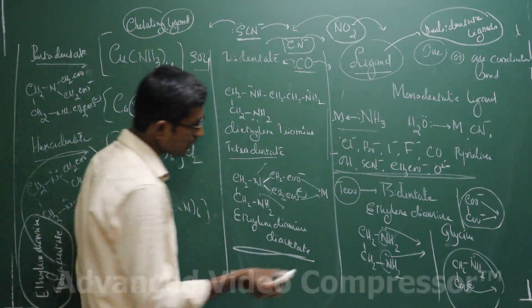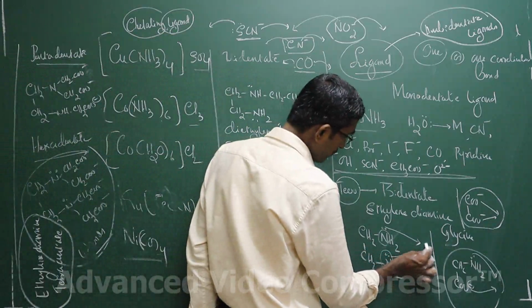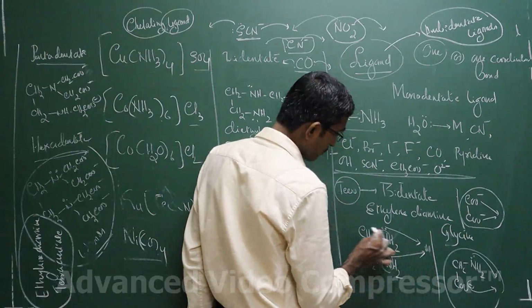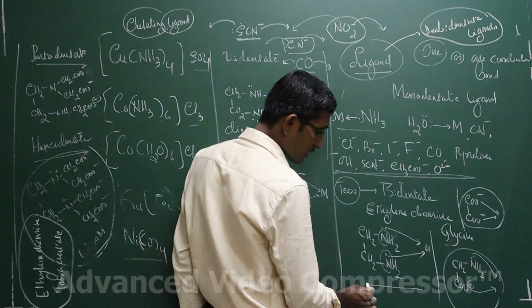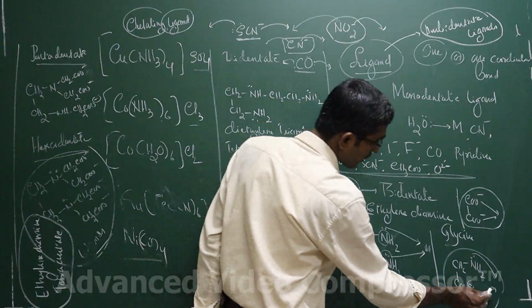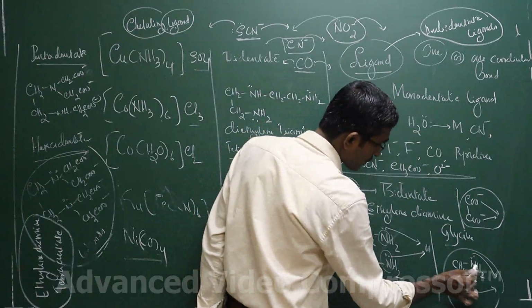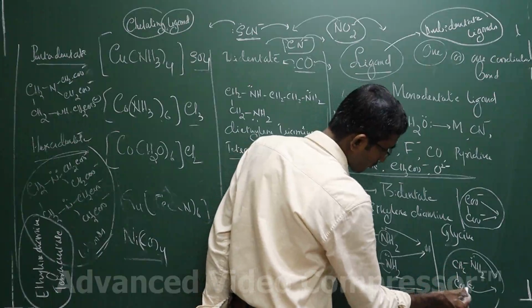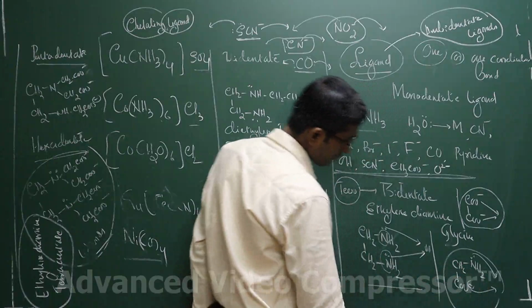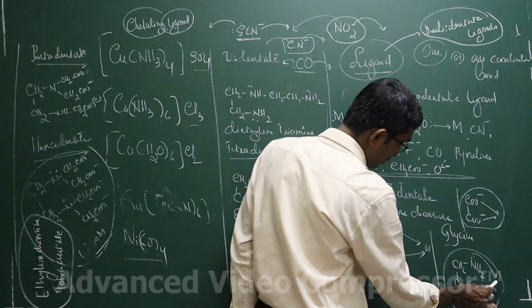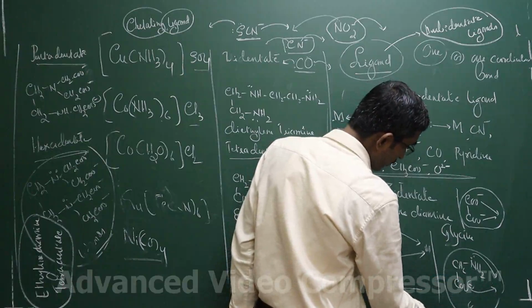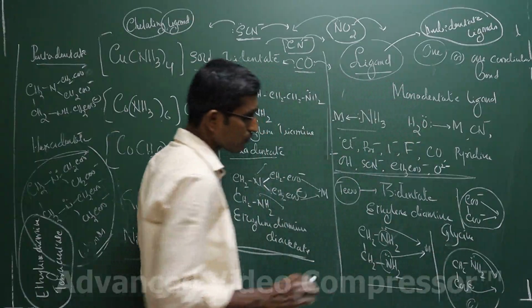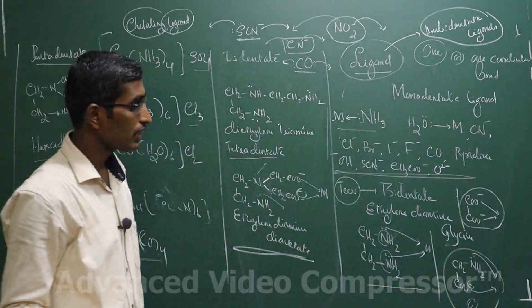If you consider ethylene diamine, if I keep a metal ion here, 1, 2, 3, 4, 5, a 5-membered ring, don't we make it? Here also, if you keep a central metal ion, 1, 2, 3, 4. That means we made a 4-membered ring here, a 4-membered ring using the ligand.